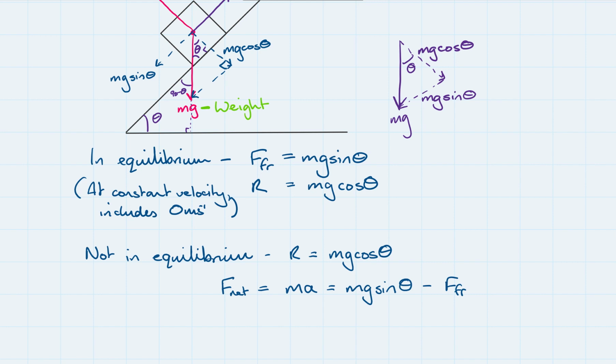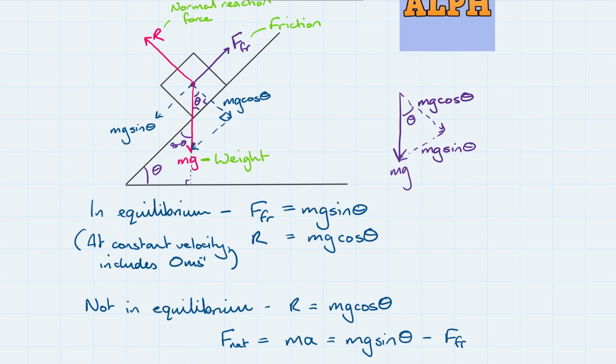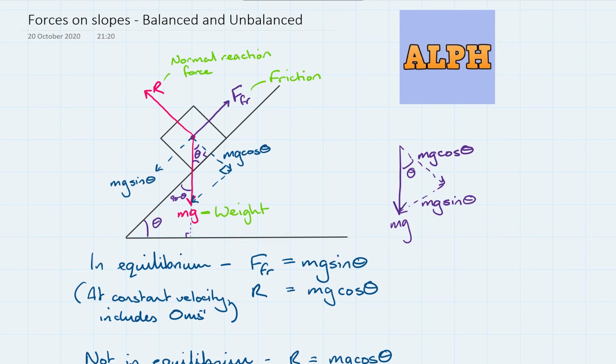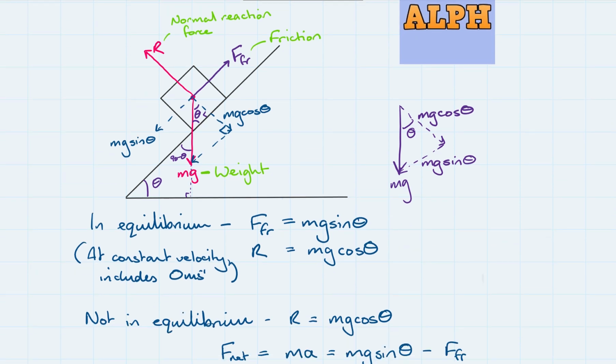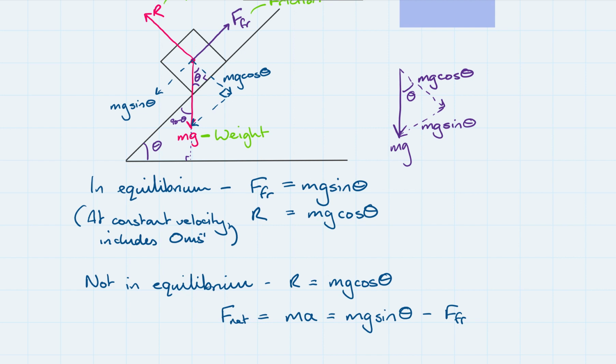Feel free to look that up. So that gives us equations for forces on slopes for a mass, which is either in equilibrium, so it's at a constant velocity or zero velocity, and not in equilibrium, so it's accelerating.